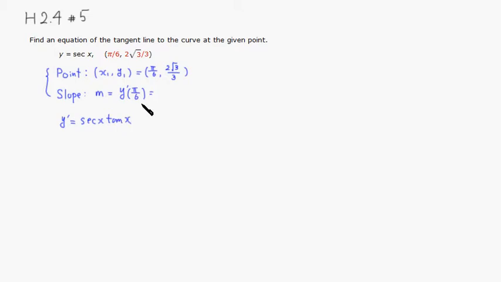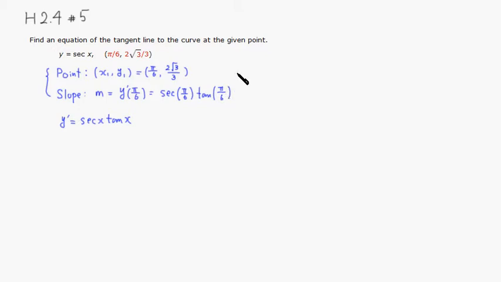Then we have to plug in pi over 6, so secant of pi over 6 and tangent of pi over 6.